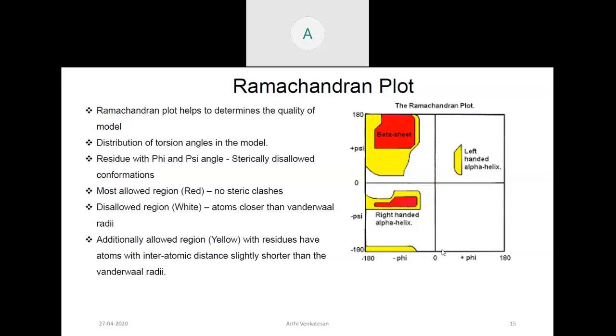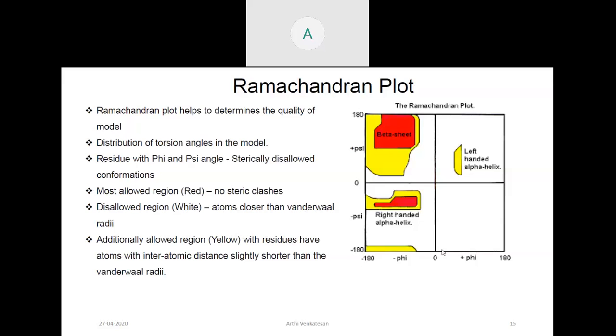The distribution of torsion angles in the model can be determined through the Ramachandran plot, and residues with phi and psi angles in sterically disallowed conformations can be studied through that. Here I have mentioned the most allowed region and the disallowed region. The most allowed region, represented in red, means there are no steric clashes.